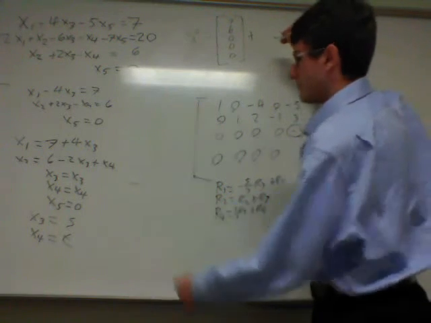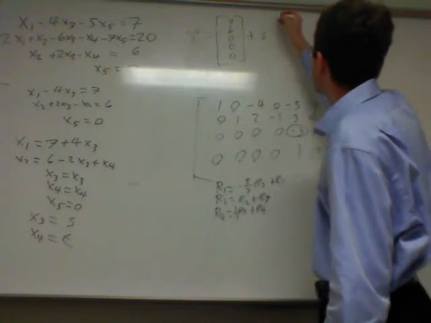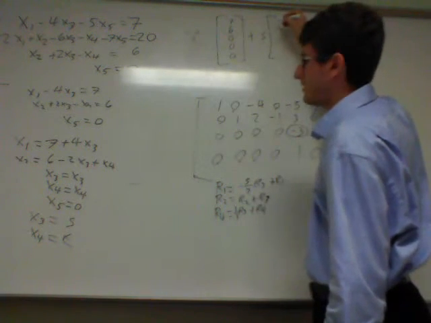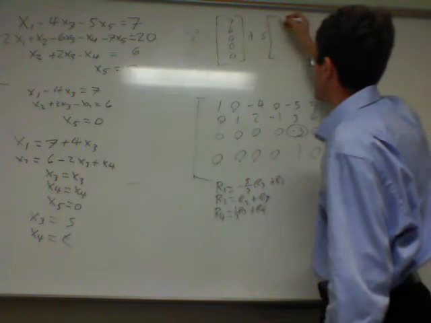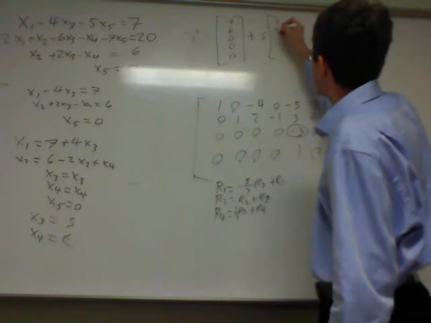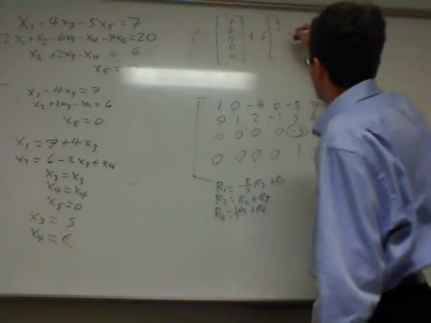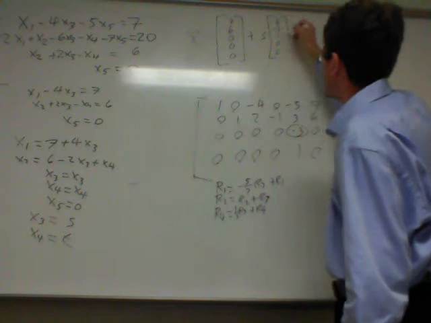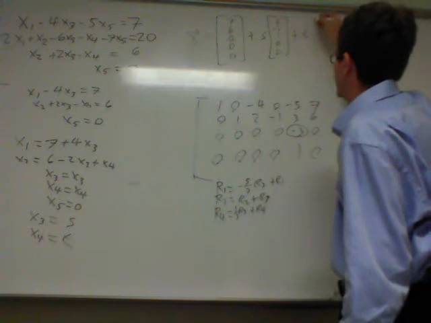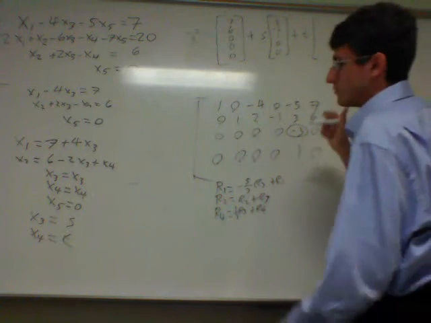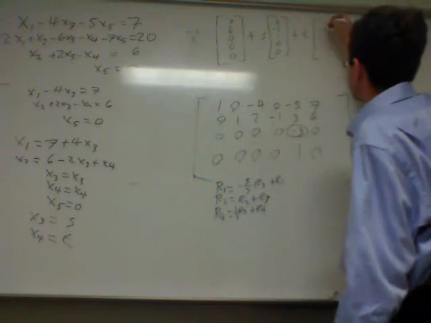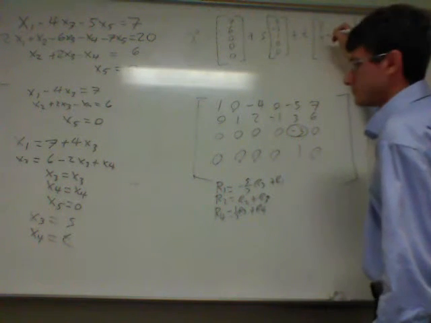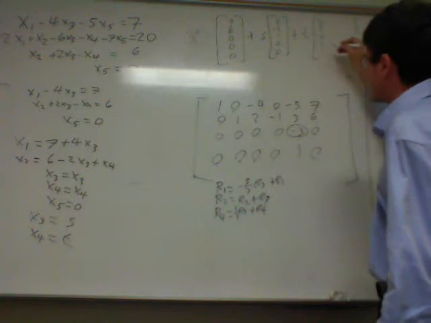plus our parameter s times the coefficients on x3, which is 4 at x1, negative 2, 1, 0, 0, and then our vector for t over x4, which in this case for x1 is 0, 1, 0, 1, 0.